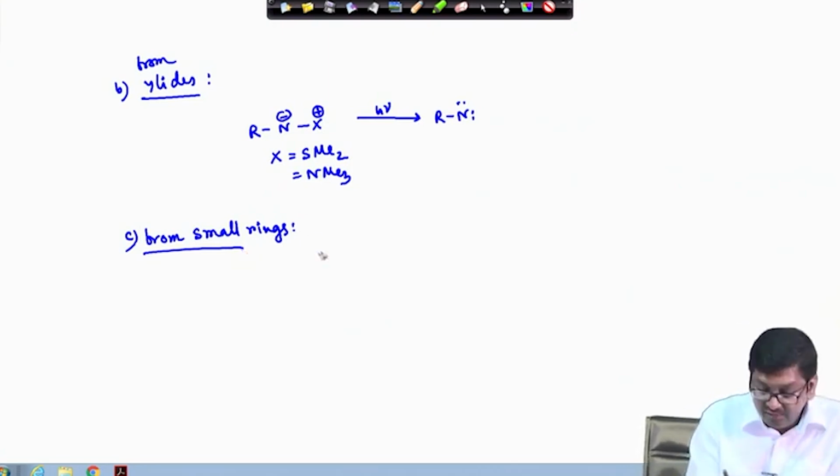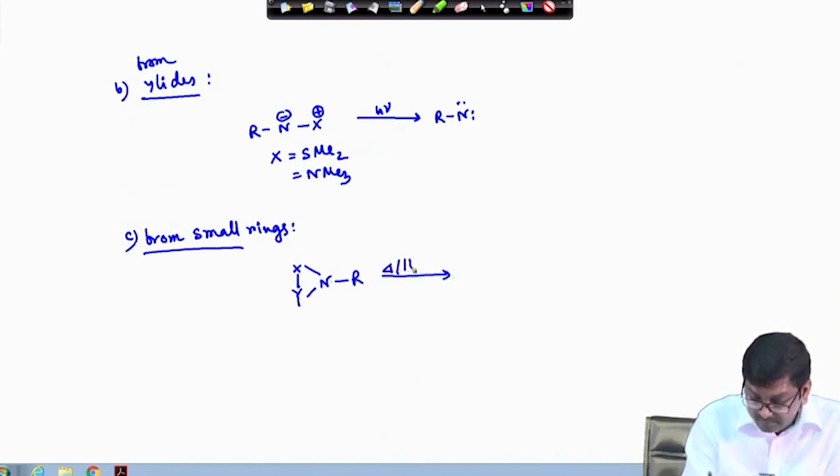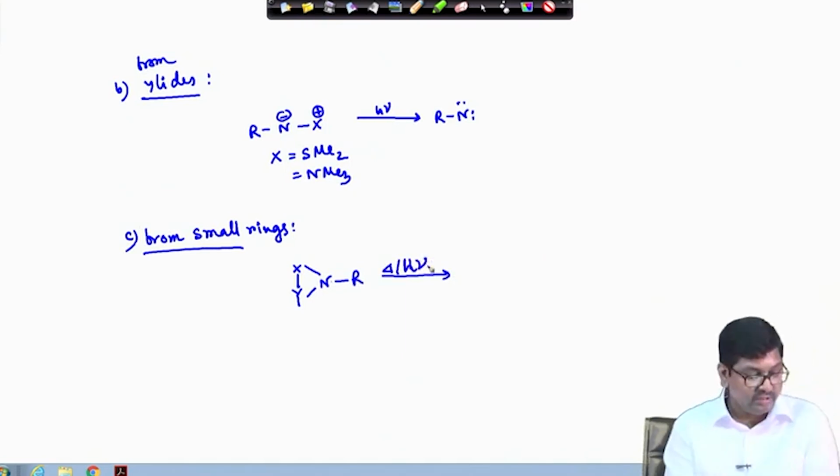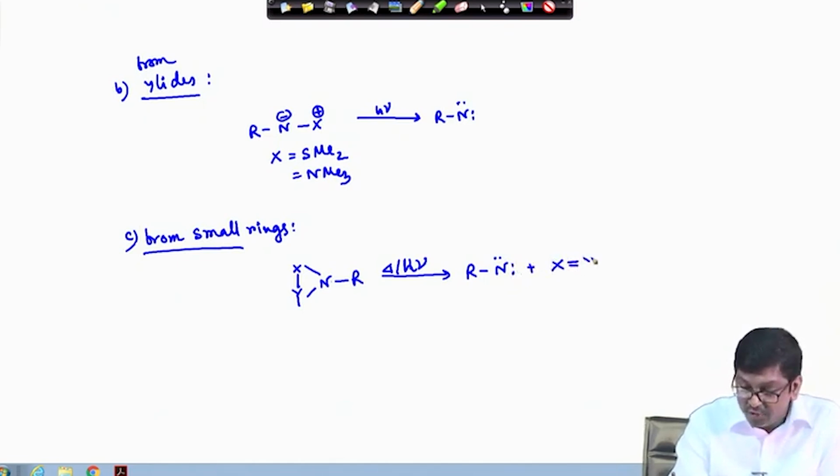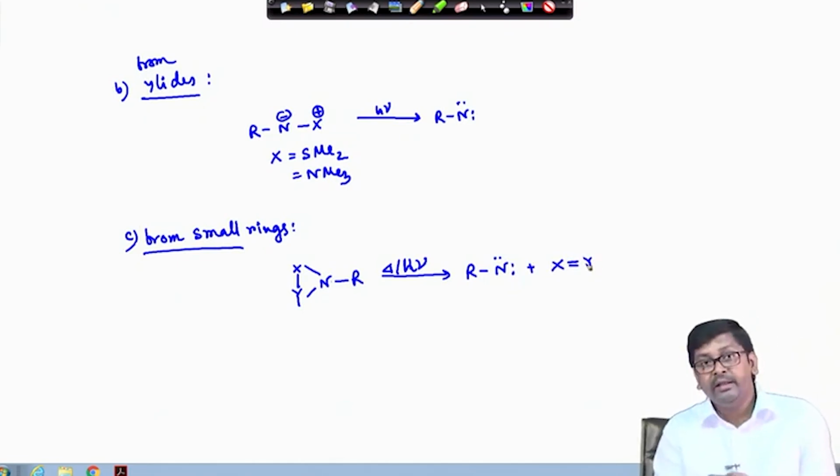Similarly, here if we have this type of ring, as per example X, Y, we can write like this, under thermal or photochemical conditions, that gives the nitrene plus some small molecule will be eliminated.